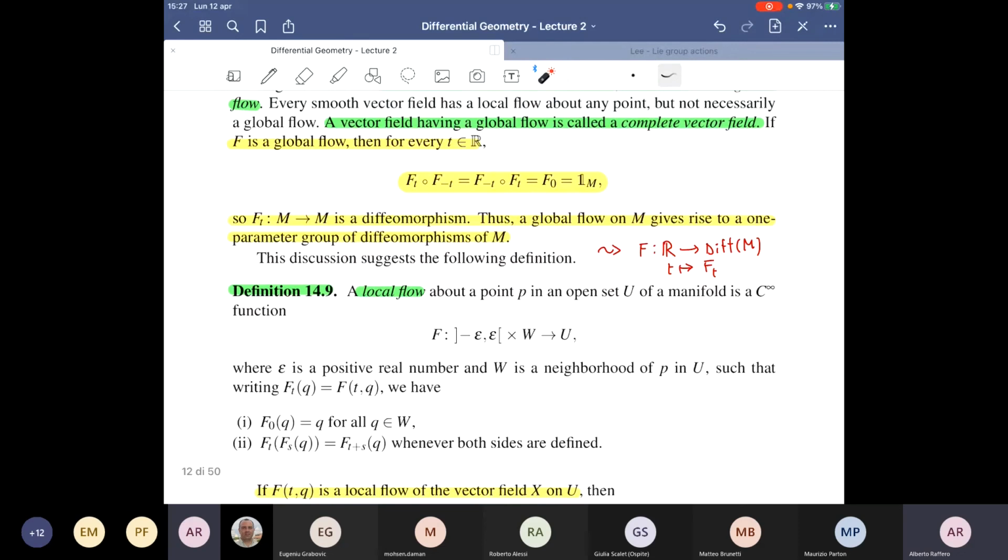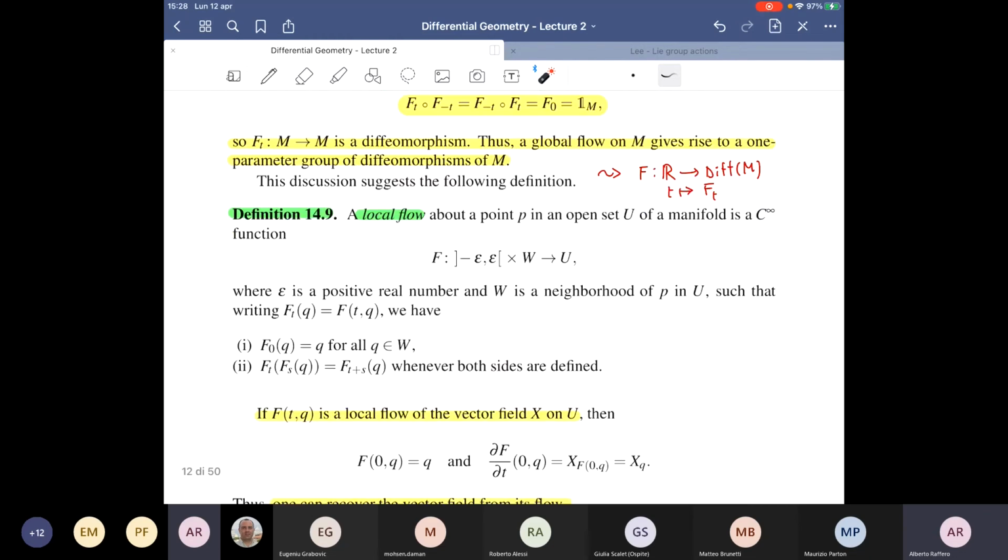So this is what a global flow is, and clearly you can weaken this definition and talk about local flows. A local flow will be something like this definition here, but defined only on some small time interval containing 0 and some small open set of your manifold.